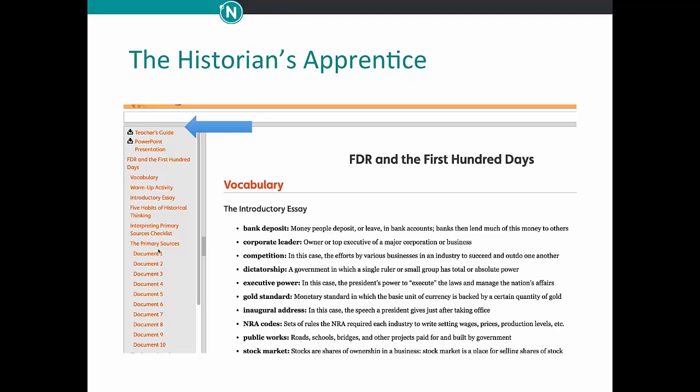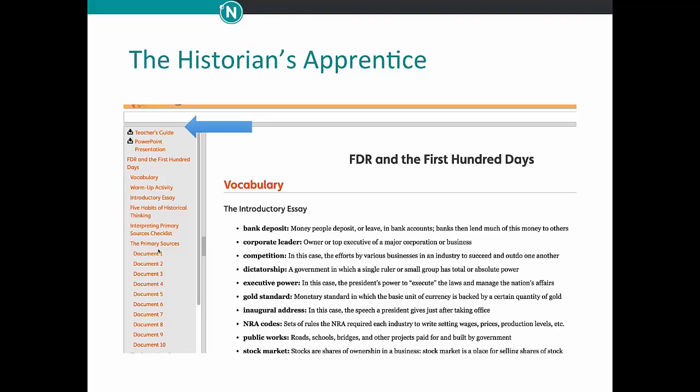Or if you're in a situation where you don't have a one-to-one situation, for example, we are one-to-one with Chromebooks with our freshmen, sophomores, and juniors, and one-to-one with iPads for our seniors. So if you're not one-to-one, you could certainly just print out the teacher's guide and Xerox copies as needed.